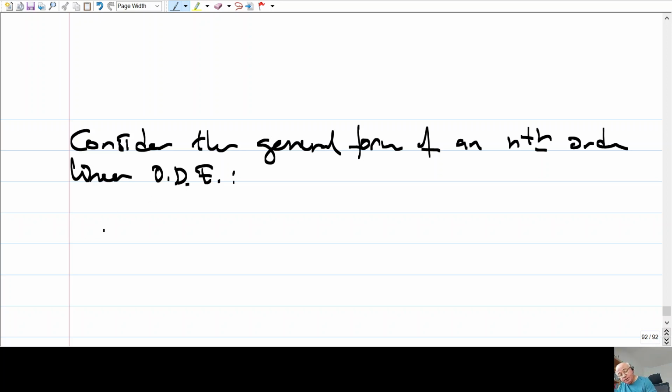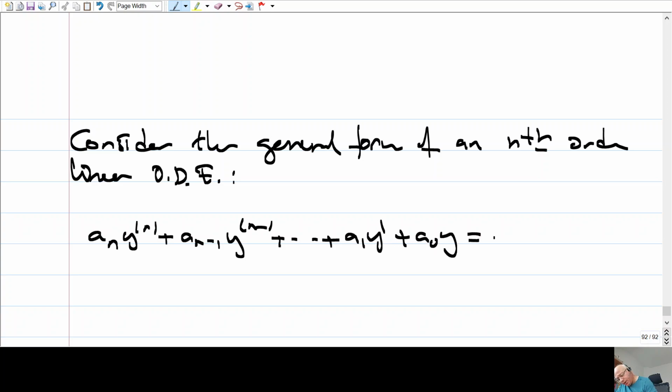It will be something like this: a n times the nth derivative, a n minus 1 times the n minus first derivative, and up to a1 y prime, a0 y, and I have g of t.